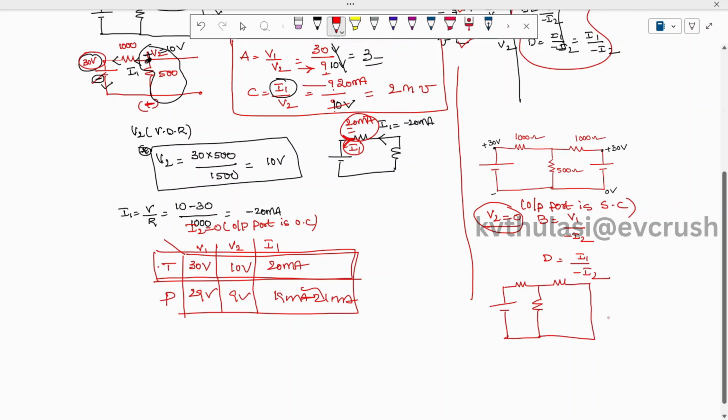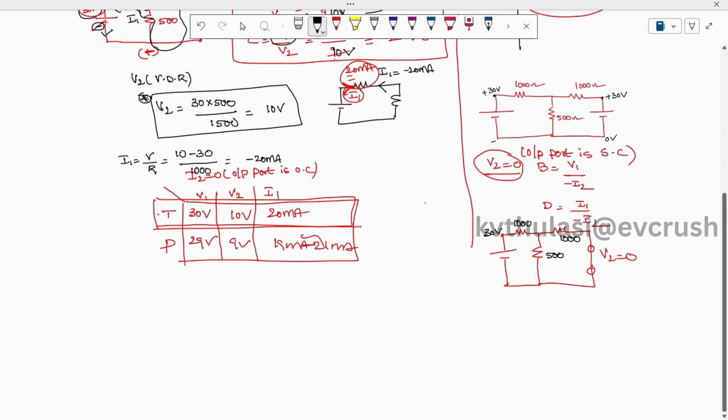This output port is short circuited, which is nothing but V2 equal to 0, and here we are exciting with a voltage of 30 volts, and this is 1000 ohm, this is 500 ohm, and this is also 1000 ohm. V1 is known to us, it is 30. From the network we want to find out I1 as well as I2.